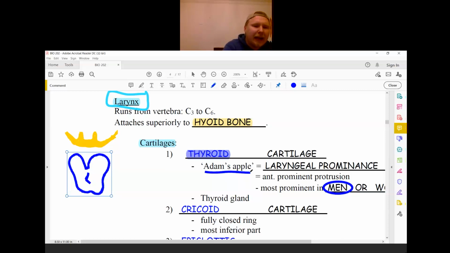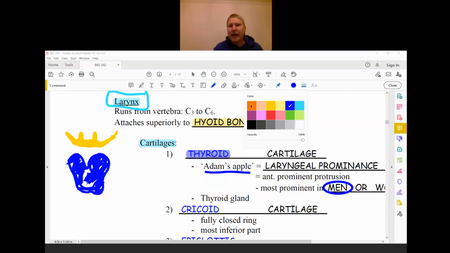Females do have that, but not quite as prominent as what we may see on men. If you're trying to think of other landmarks or other reasons why you might be familiar with the thyroid cartilage, well, of course, the thyroid gland would be located at this side, at this level as well.